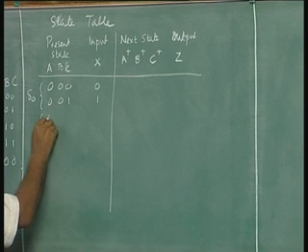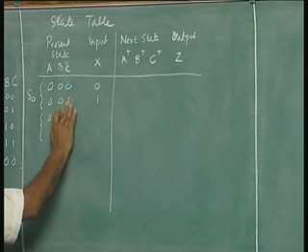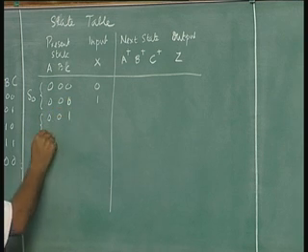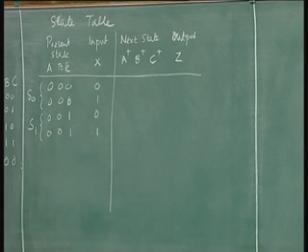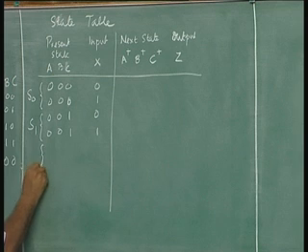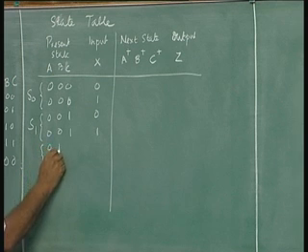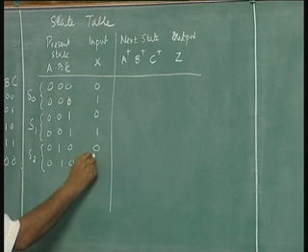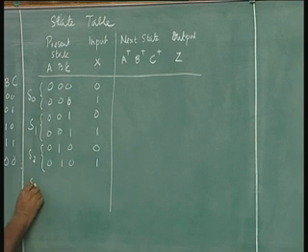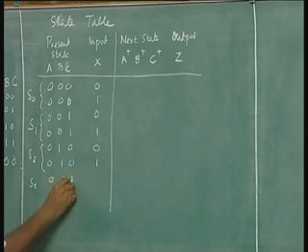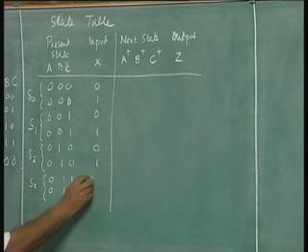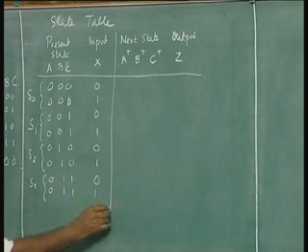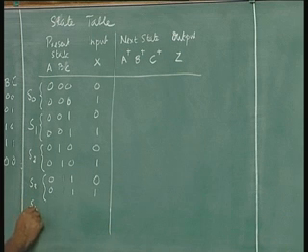Then from S1 it can be 0 or 1, at S2 again it can be 0 or 1, S3 input can be 0 or 1, S4.